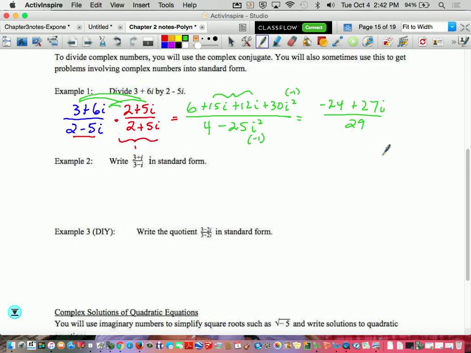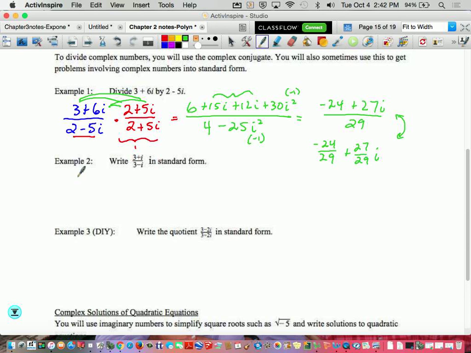So you could write it like that, I'm totally okay, or split it into negative 24 over 29 plus 27 over 29i. Either one is totally fine. So that's all you're doing, is you're multiplying by the denominator's conjugate.